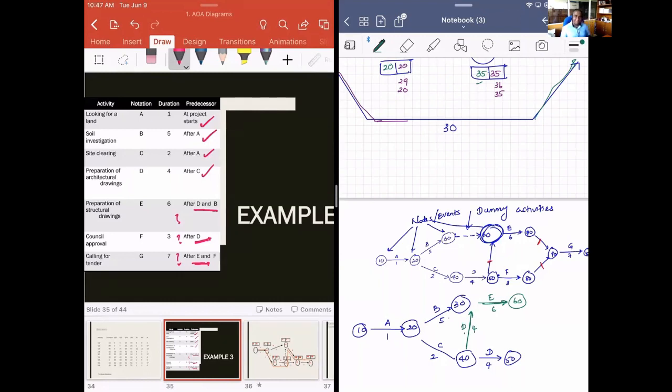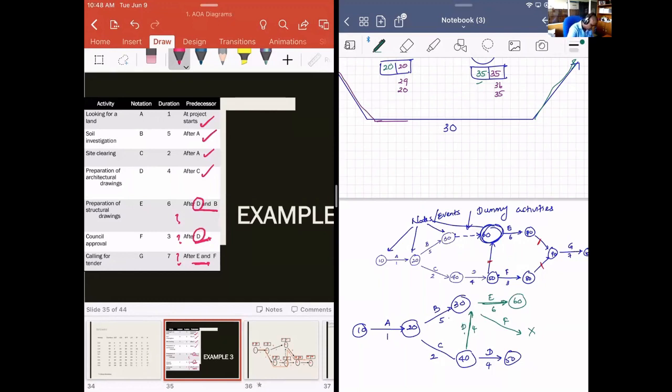F can be done only after D has finished. So if we mark F somewhere here, that means F has to be done after both D and B. That is wrong. Try to understand this. So there's a place where both D and B have to finish, and there's a place where only D has to finish.